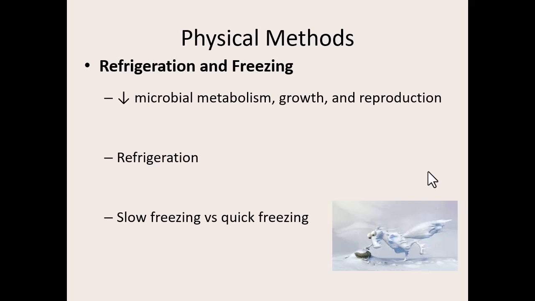And this is what we want to do sometimes when we want to preserve organisms for long periods of time, such as up in our labs. So we have minus 80 degree freezers to be able to really quick freeze those organisms. They don't die, we can pull them out, we can study them, play with them later in our labs. So one's a little more deadly, but not completely deadly, using your freezers versus quick freezing.